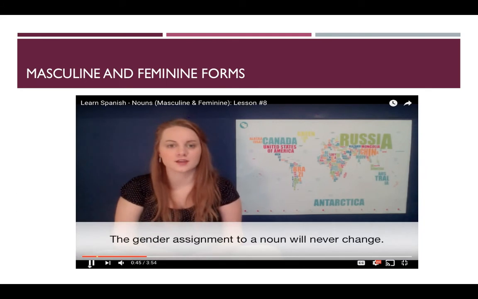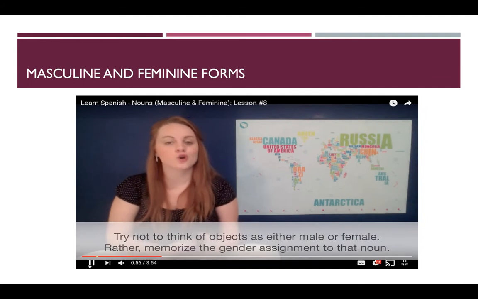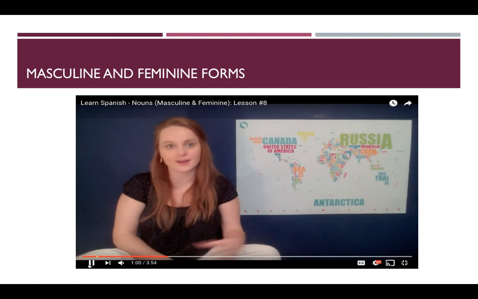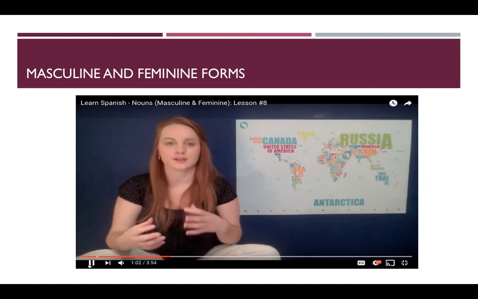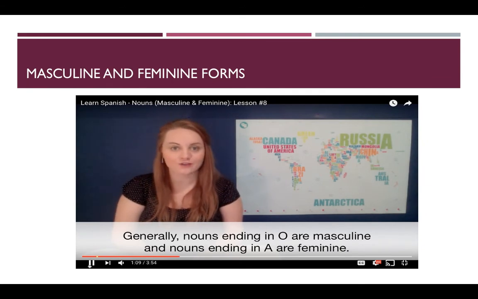And this gender assignment that is applied to a noun will never change. So I tell my students to try not to think of objects as either male or female, but rather to memorize the gender assignment to that noun. So don't worry, we have some tricks that are going to help us figure out which nouns are masculine and which are feminine just by looking at them. So first of all, generally, nouns ending in O are masculine and nouns ending in A are feminine.